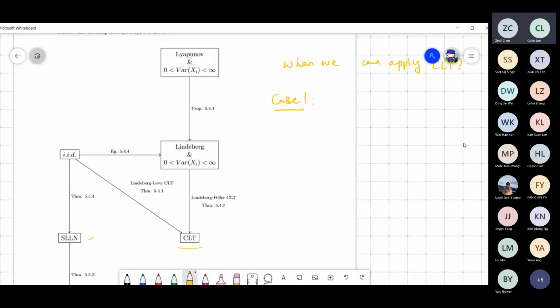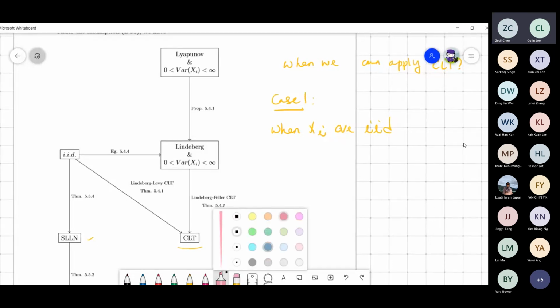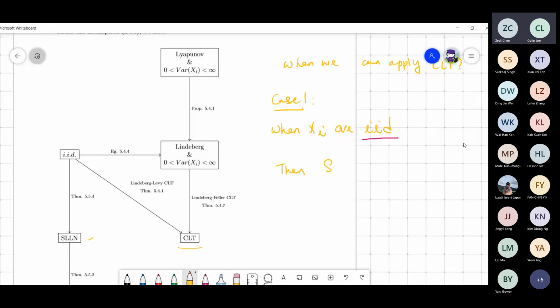Case one, when Xi are IID, so independent and having the same distributions, then we can have this. So first case, we can have this.